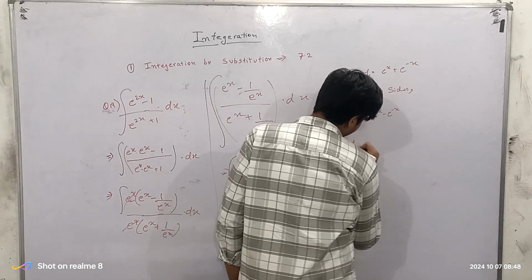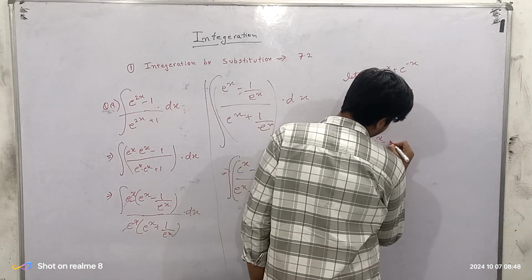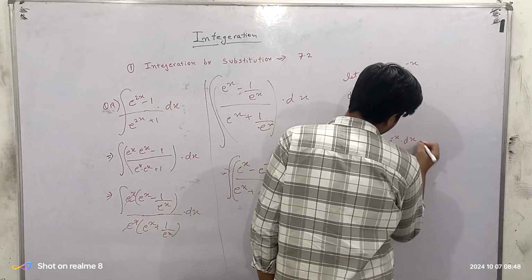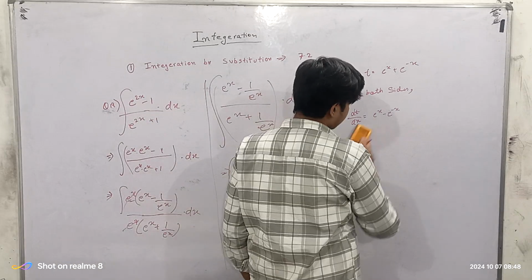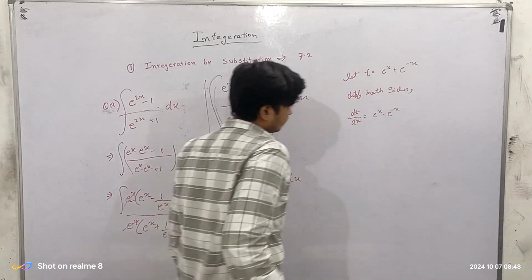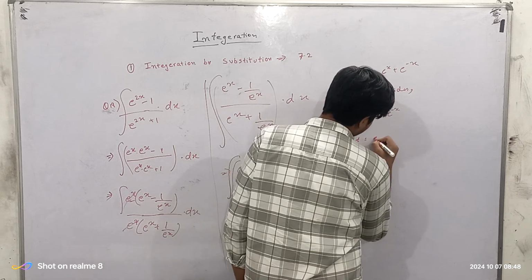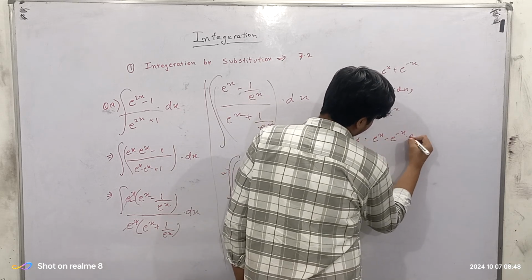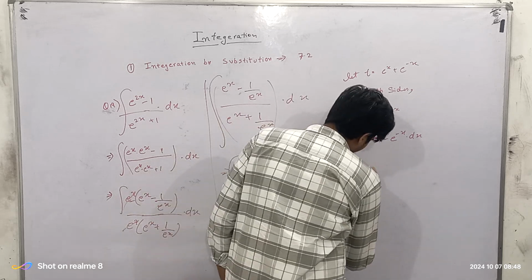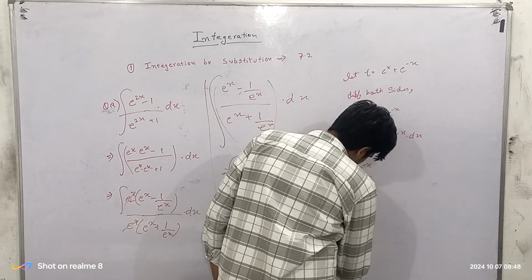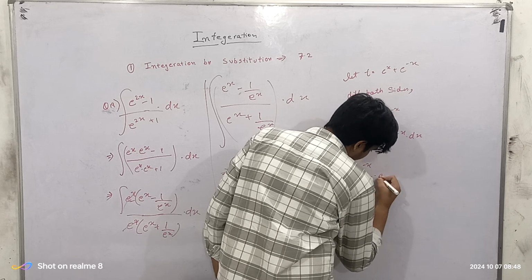So on differentiating we find dt equals (e to the power x minus e to the power minus x) into dx. Now we will put the value in the question. Integration of (e to the power x minus e to the power minus x) by (e to the power x plus e to the power minus x) into dx.